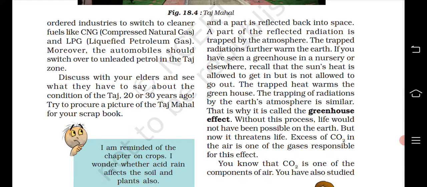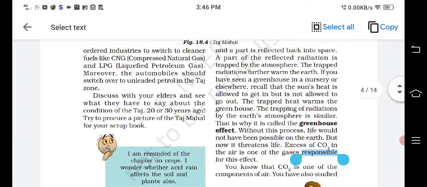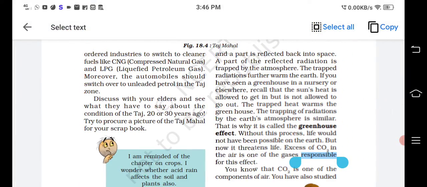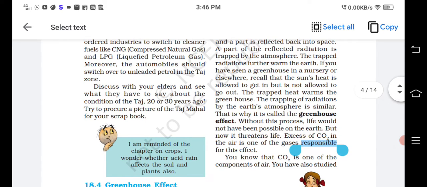A part of the reflected radiation is trapped by the atmosphere, and it is trapped by some gases like CO2, water vapor, methane, CFC. Okay, and these are the greenhouse gases. The trapped radiation further warms the earth.